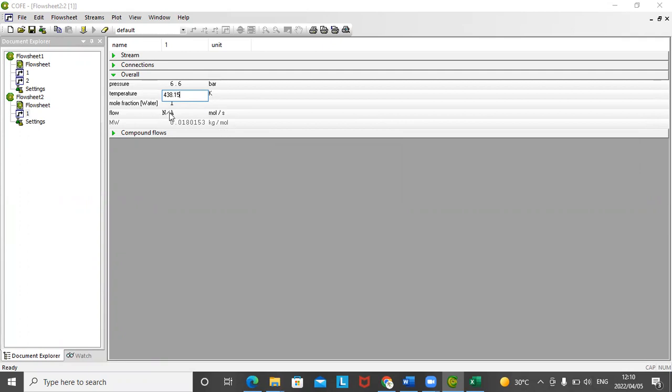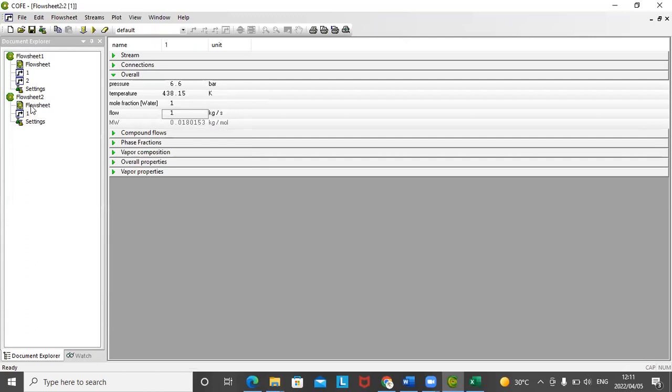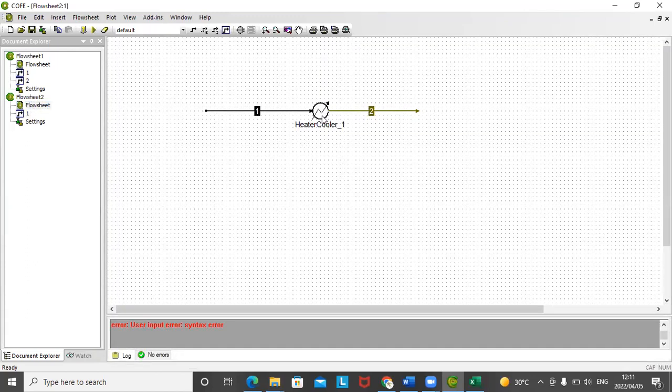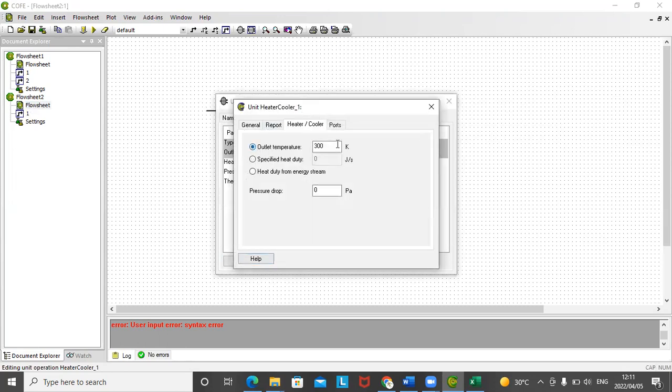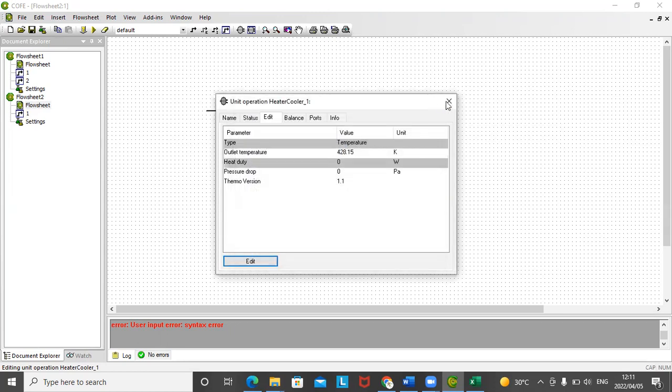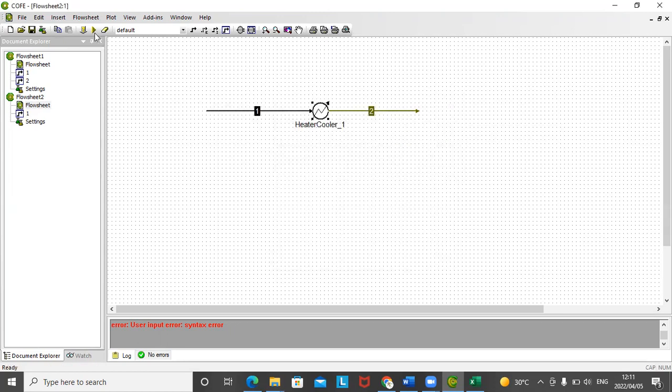Let's go to kilomoles, because we're used to that, and let's just work with 1 kilomole. Then we define our outlet temperature, which is 428.15. We run our simulation, and we should be able to get all the information we need.